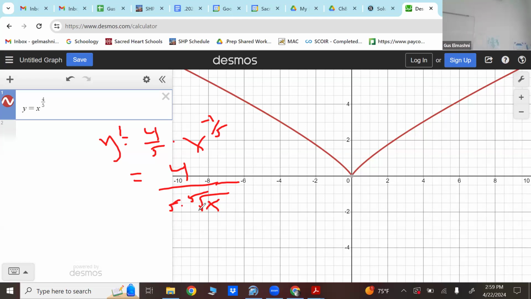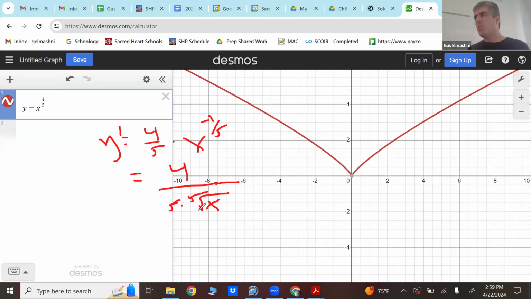Because if I plug in a negative, the 5th root of a negative number is negative. So it's going to be a negative crazy number and here's a positive crazy number. So that's why that's happening. And they'll touch because the original function is fine at 0, right? There's nothing wrong with it. Plug in 0 into x to the 4/5 power.